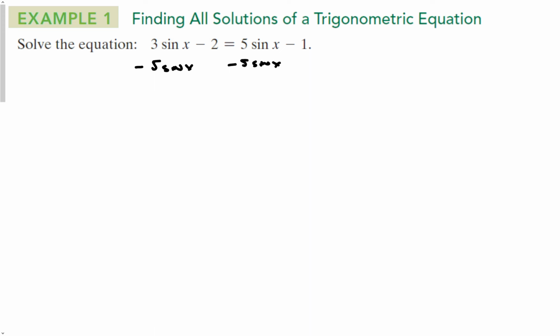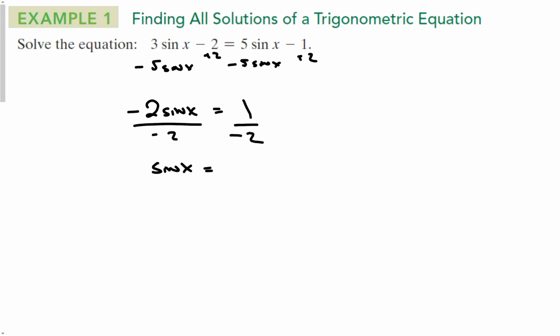Well, 3 sine x minus 5 sine x just gives me -2 sine x. All right, add 2 to both sides. And now we get -2 sine x is equal to 1. Okay, divide out the -2 to isolate my trigonometric function. So the sine of x is equal to -1/2.